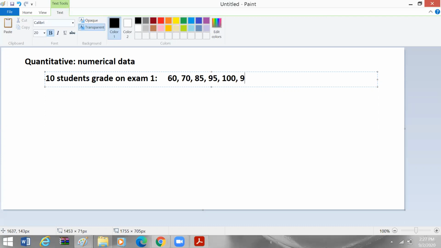And 96, and what else? 72, and 52. And what else? So we can have 74 and 81, for instance. So we have 10 different data points. I'm going to count them: 1, 2, 3, 4, 5, 6, 7, 8, 9, 10.